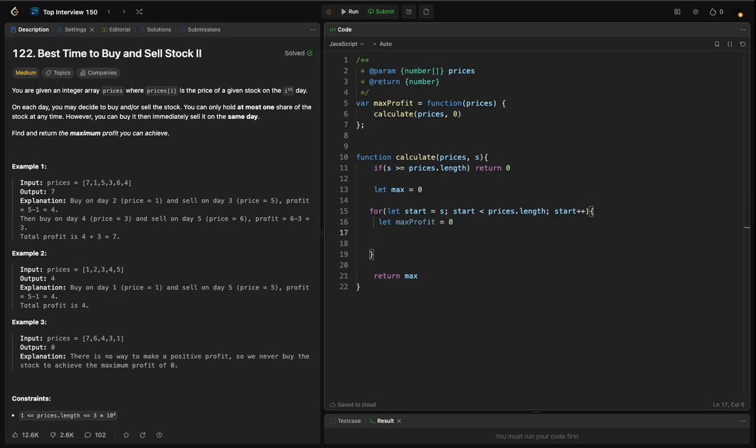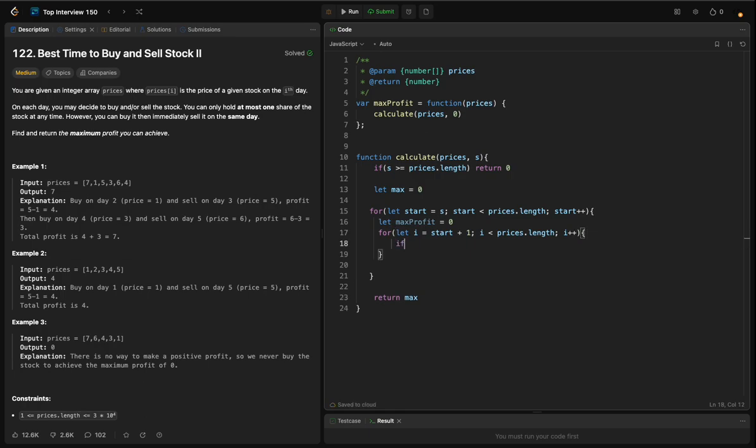So let's just loop again, for let i equal start plus 1, because we want to compare it with its next. I less than prices.length, okay, i plus plus.